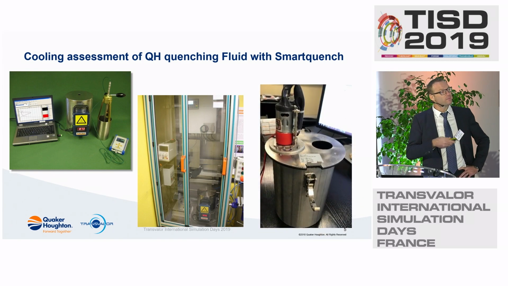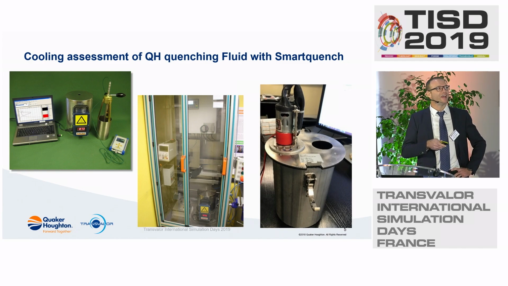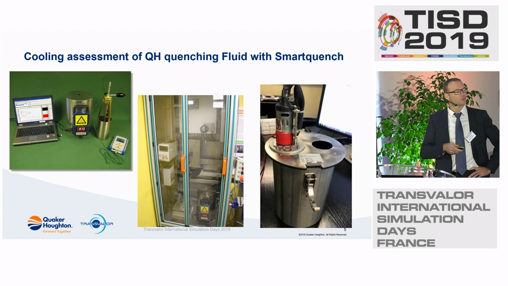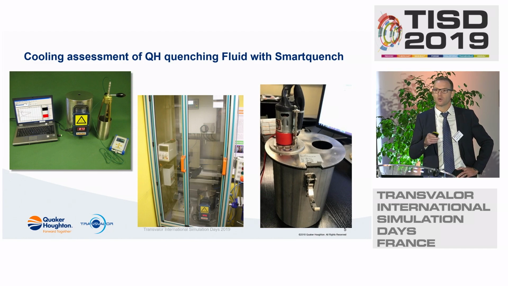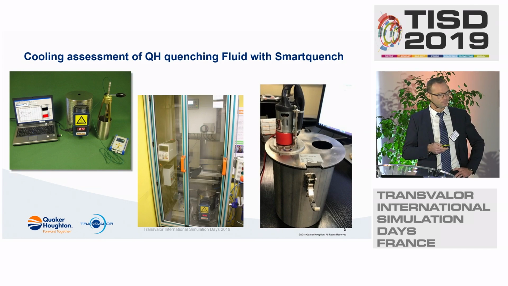And for polymers, it's done with agitation, so we have a special device with a propeller turning at 1,500 rounds per minute, giving a speed of something like 0.6 meters per second for polyvinyl pyridine.